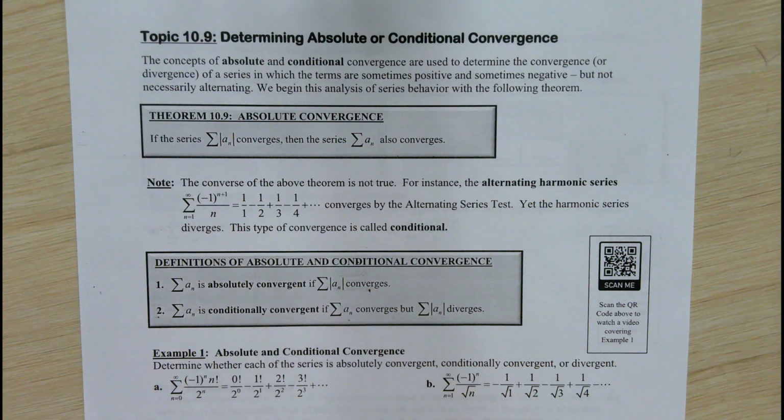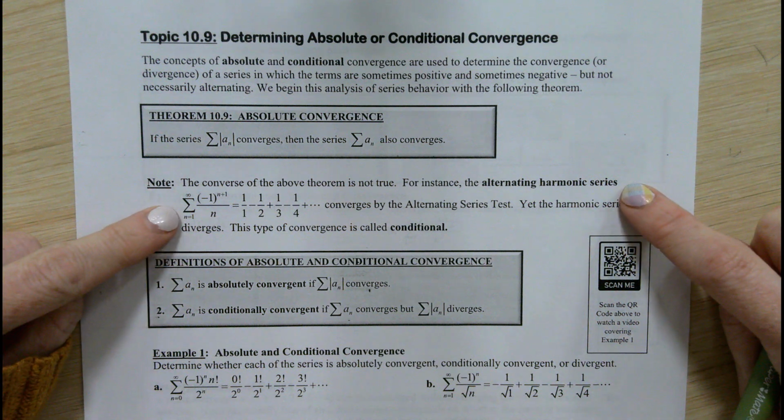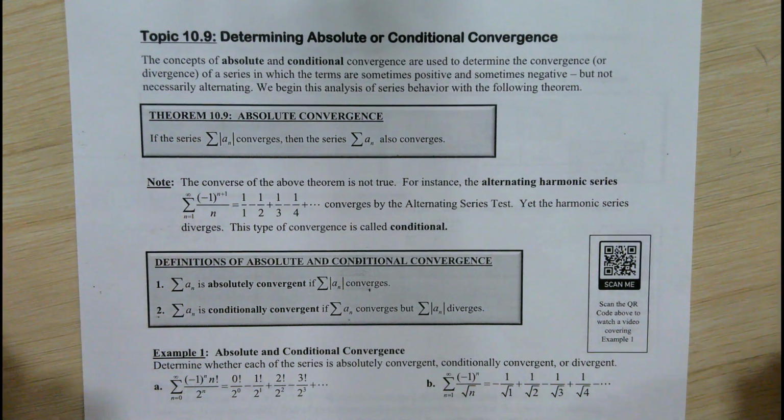However, we do have some series, the alternating harmonic series is an example of this, where if you take the absolute value of the terms, it would become a p-series with p equal to 1, and it would diverge.